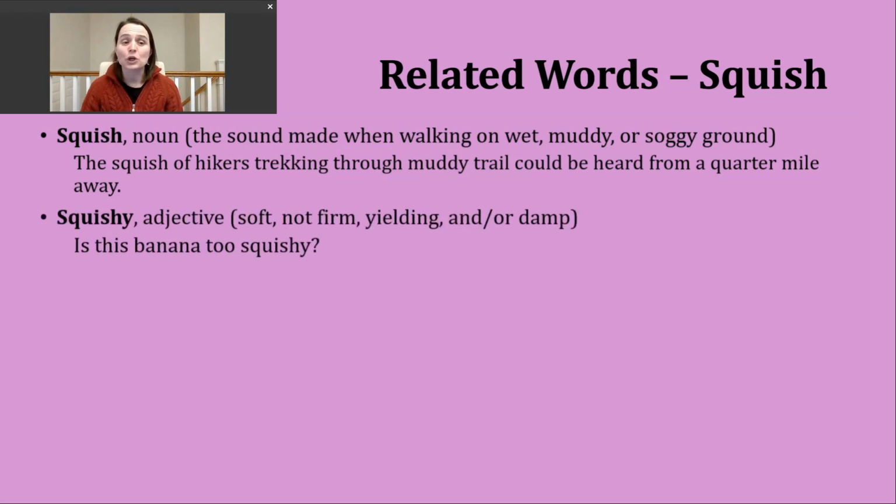Another related word you might encounter is the adjective squishy. So when the adjective form gets used, many times people are trying to describe something that is soft or something that is not firm, right? Something, again, another word from earlier, something that is yielding. And it could also be damp, a little wet. So an example of this, maybe someone is asking, is this banana too squishy?